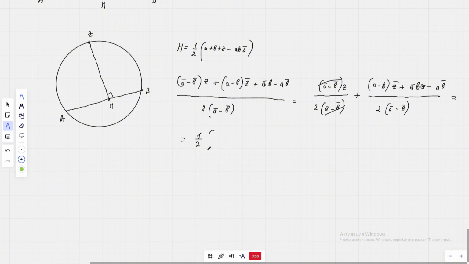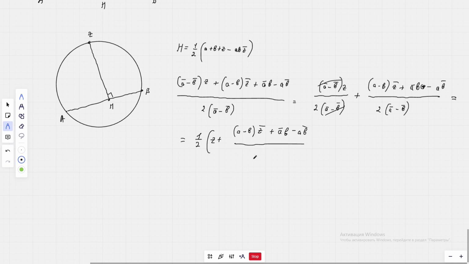1 over 2. We know that A and B lie on the unit circle.